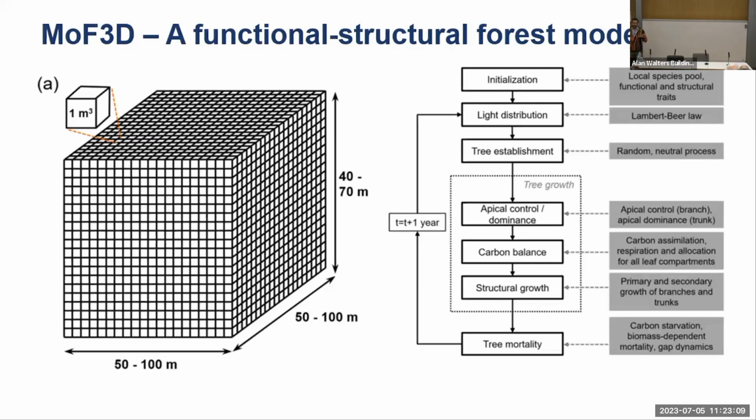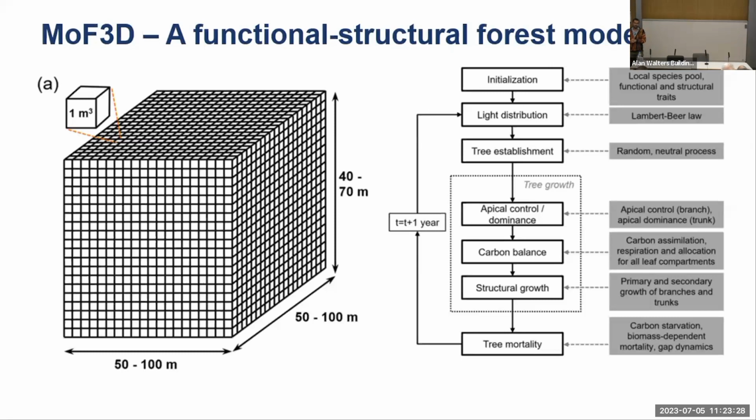In a sense, when we initialize the model with, let's say, seeds or seedlings in the bottom half, they will go through a series of demographic processes like germination.